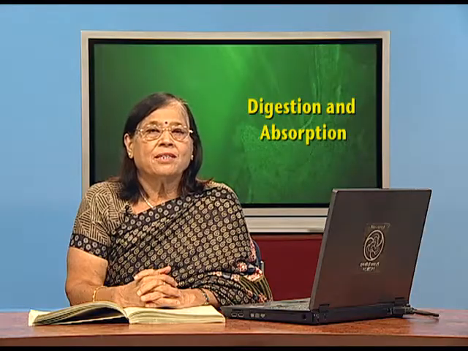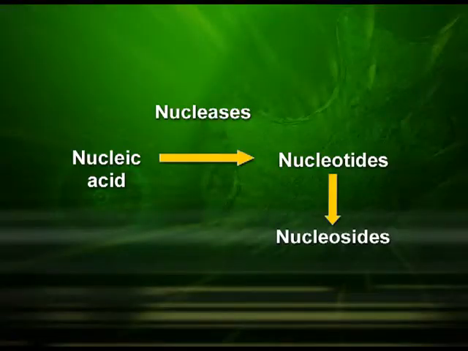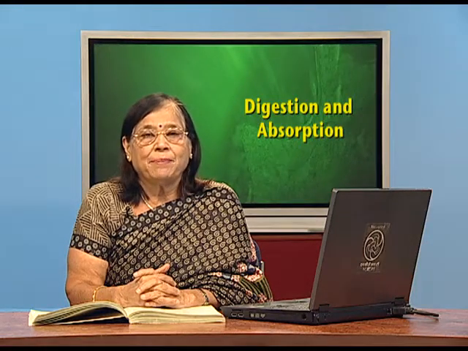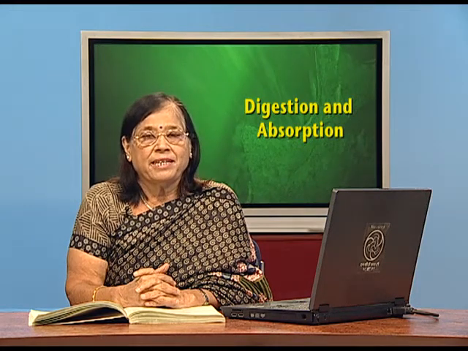We also discussed nucleases, which will act on nucleic acids and digest them to nucleotides and then to nucleosides. Now, nucleosides can be absorbed. Absorption will take place in the small intestine, and details we have already discussed.